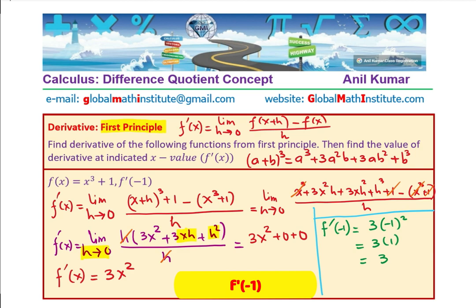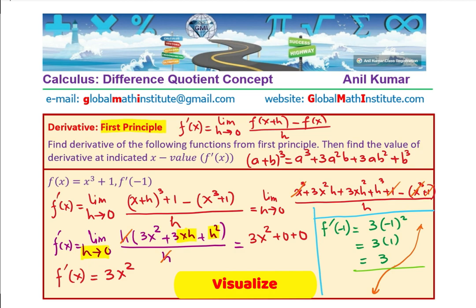Perfect. And if you sketch this graph, you will notice that it will make sense to you. Cubic functions are kind of like this, right? So I'm just sketching here a graph to help you visualize the situation.